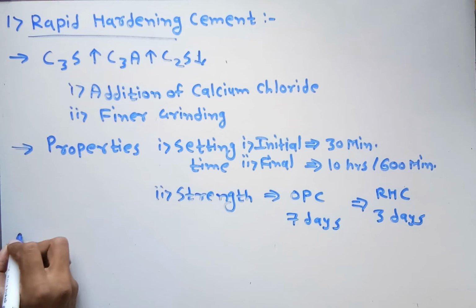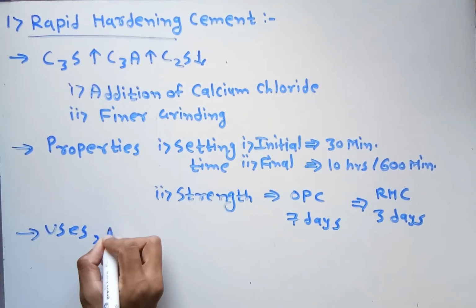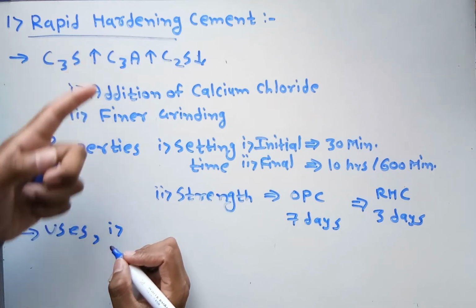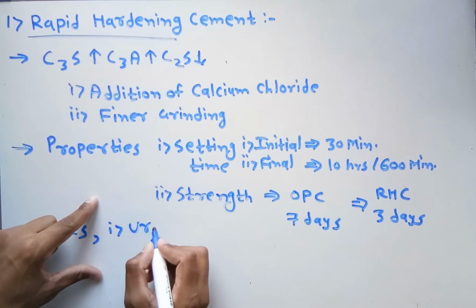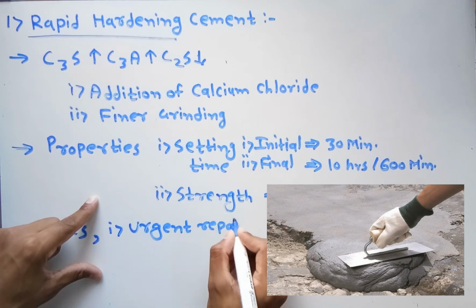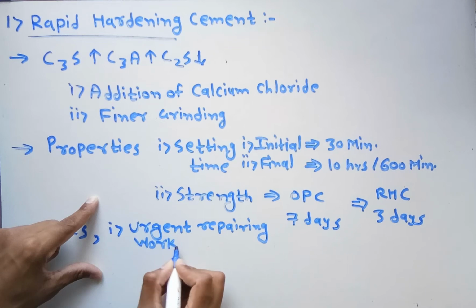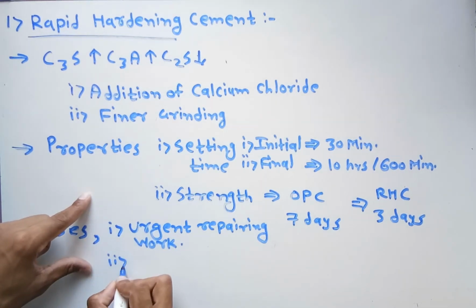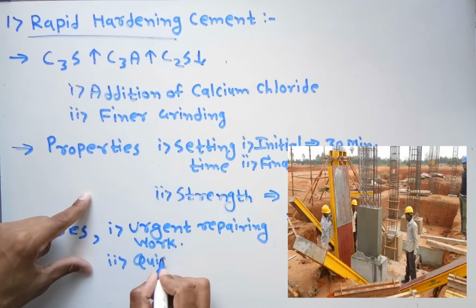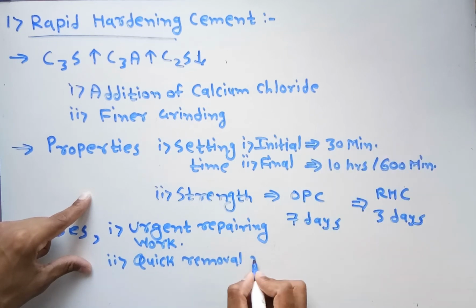Now we will see uses. The first one, absolutely, it is rapid hardening, so it is used for urgent repairing works. Then for quick removal of formwork.